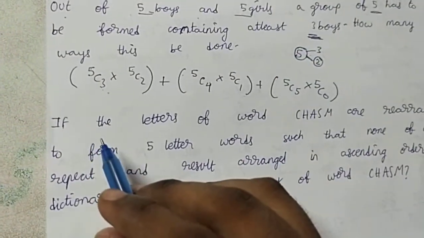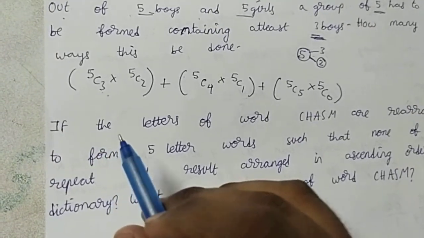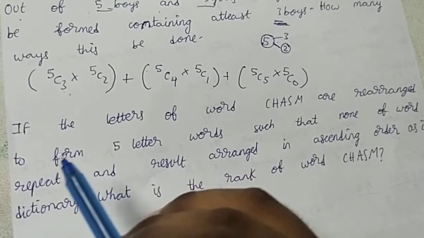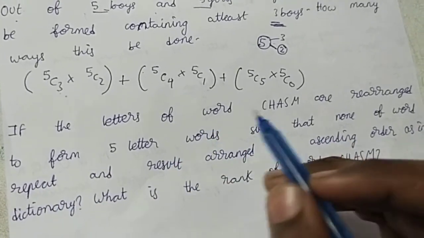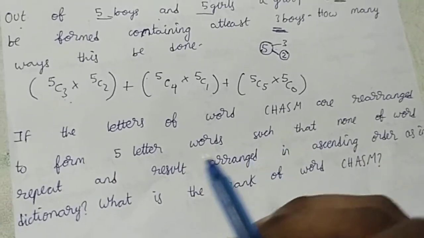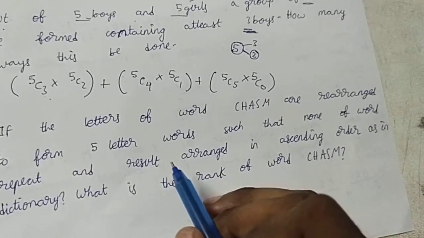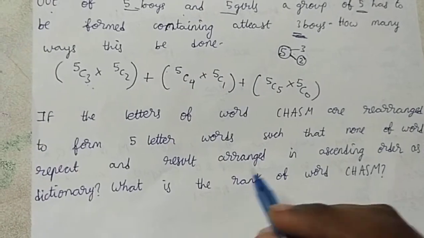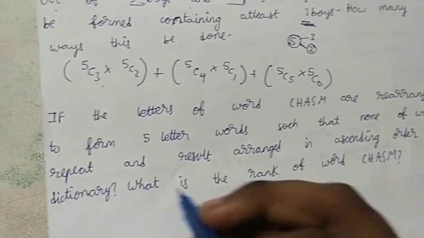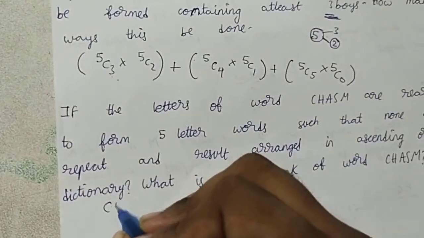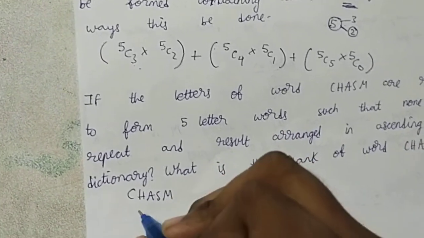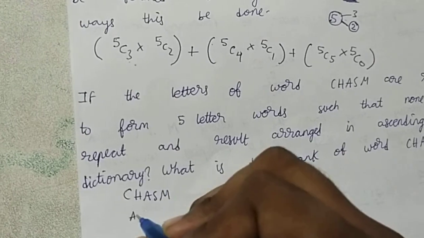In the question they asked, for example: if the letters of the word CHASM are rearranged to form 5-letter words such that no letter repeats, and the results are arranged in ascending order as in a dictionary, what is the rank of the word CHASM? We have to arrange the letters of CHASM in dictionary order, that is alphabetical order.